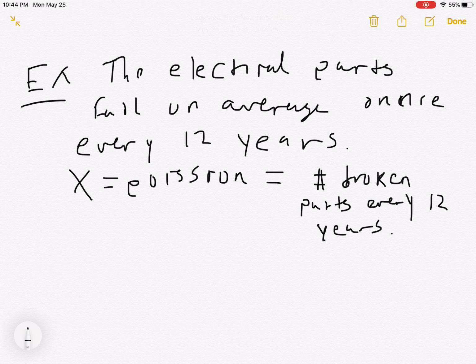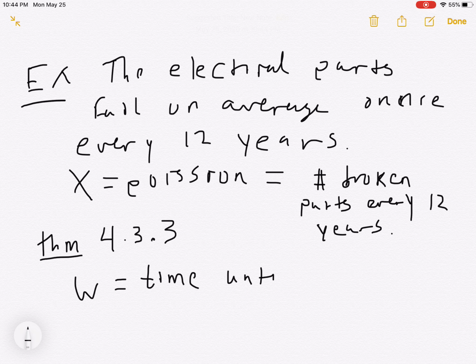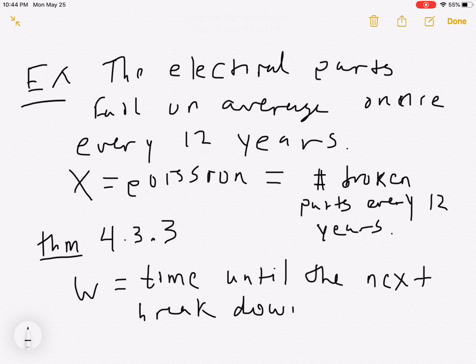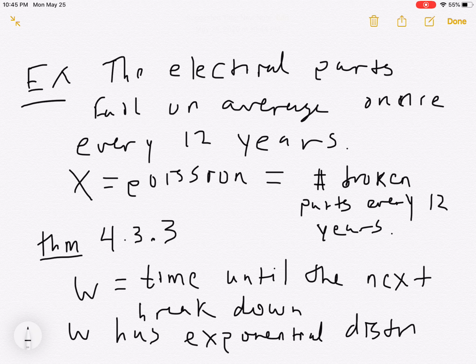And what the theorem is saying is that if W equals the time until the next breakdown, then W has an exponential distribution.